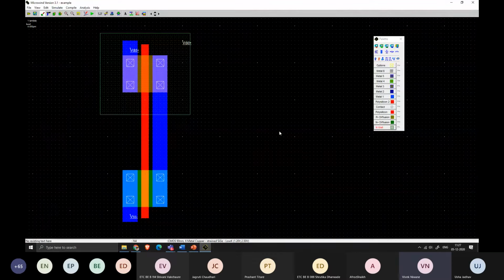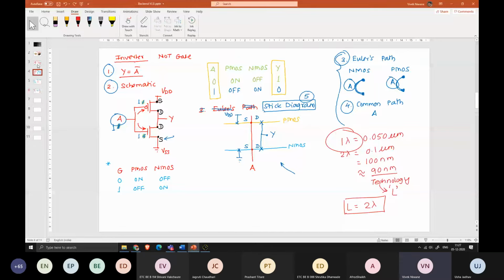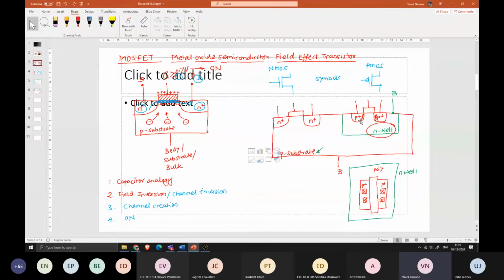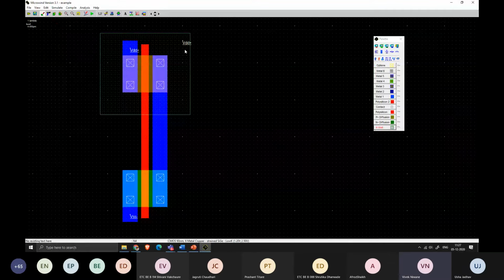Another important point, body terminal of PMOS is always connected to VDD and body terminal of NMOS is always connected to ground, so that the diffusions are well isolated from the substrate. ये जो diffusions है आपके N plus and P plus, तो यहाँ पे आपका depletion region अच्छे से बने, इसके लिए we polarize the body terminal of PMOS, that is N well, connected to VDD, and body terminal of NMOS, that is your substrate, connected to ground. Okay.